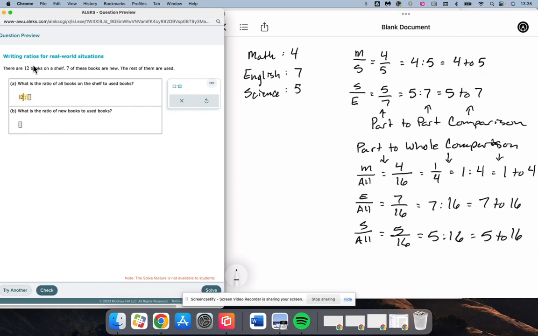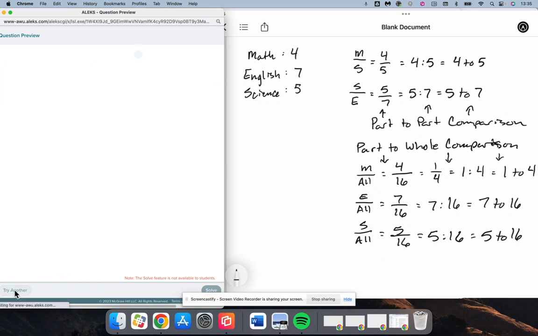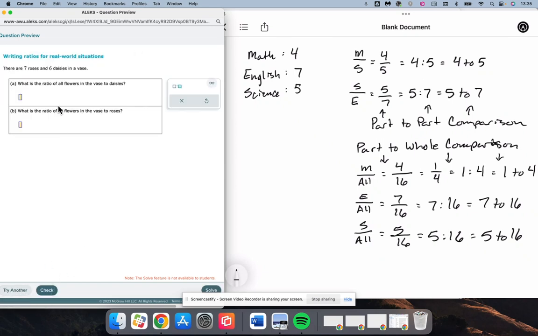So if there are 12 total and 7 are new, there must be 5 that are used. Then new books to used books. So we know we have 7 new books. We have 12 total books, so 5 of them must be used. Again, the language and reading these carefully is going to be very important.